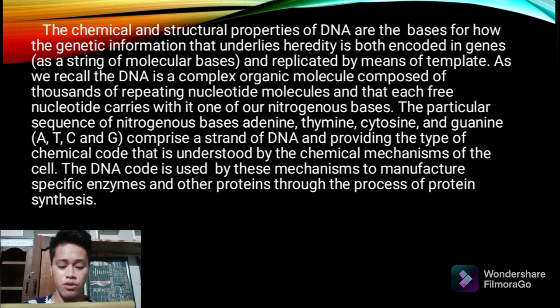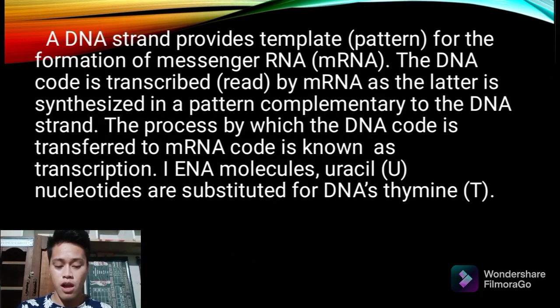The DNA code is used by this mechanism to manufacture specific enzymes and other proteins through the process of protein synthesis. A DNA strand provides a template for the formation of messenger RNA.